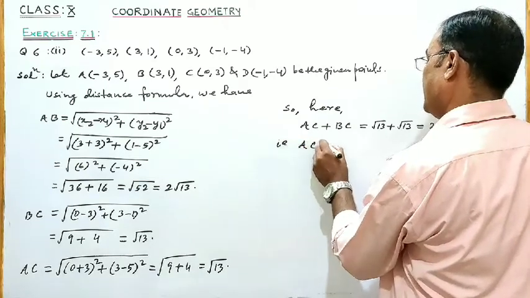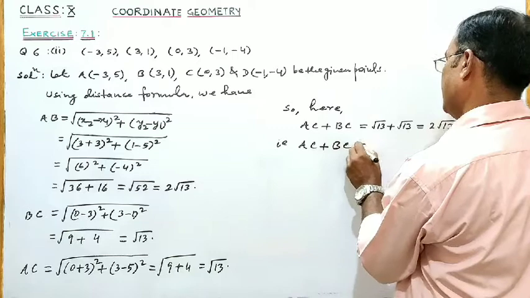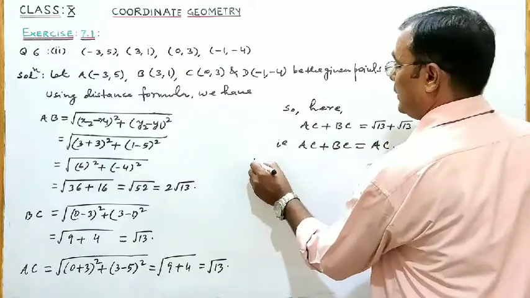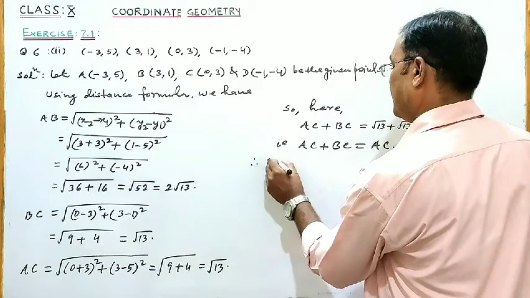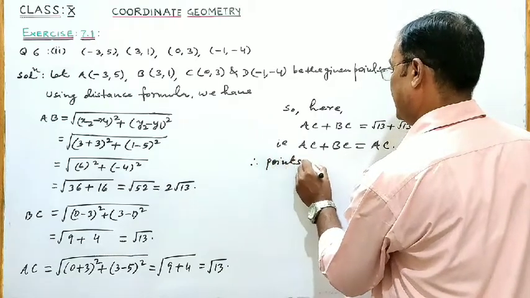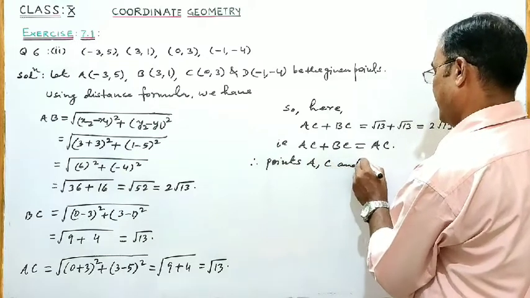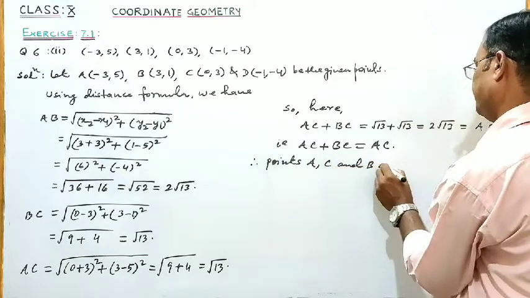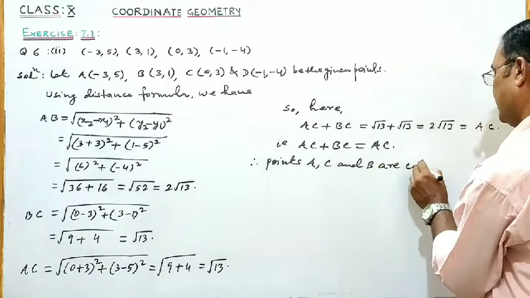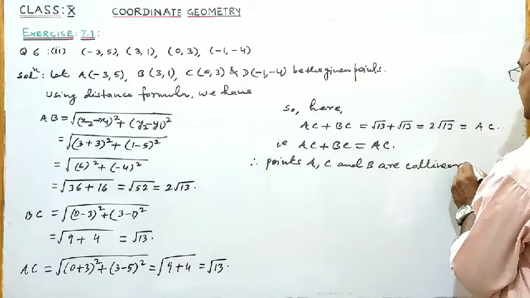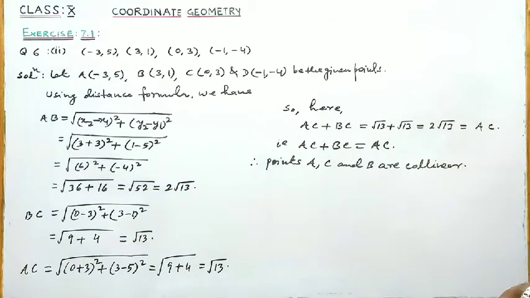That is AC plus BC is equal to AB. Therefore, points A, C and B are collinear. Of 4 given points, 3 points A, C and B are collinear.